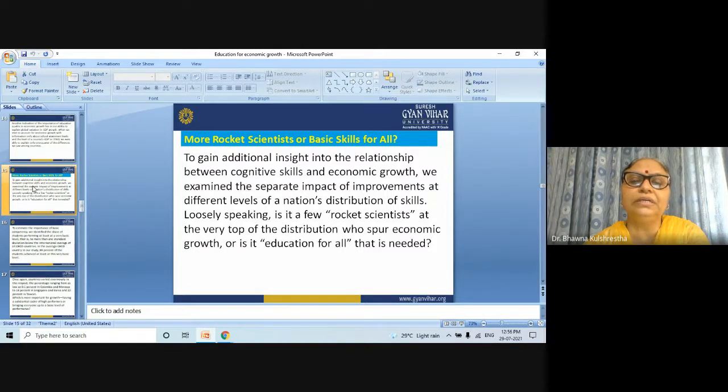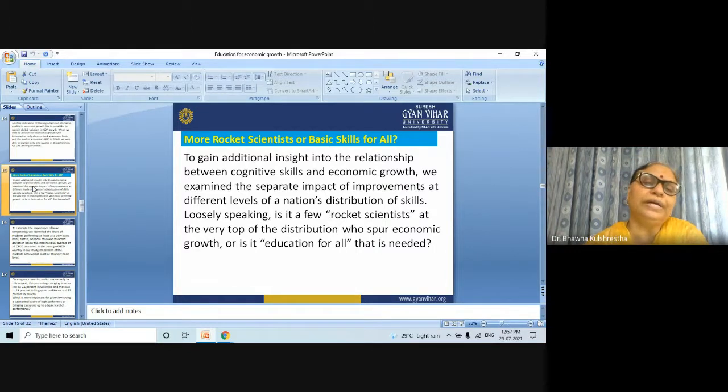Loosely speaking, is it a few rocket scientists at the very top of the distribution who spur economic growth, or is it education for all that is needed?